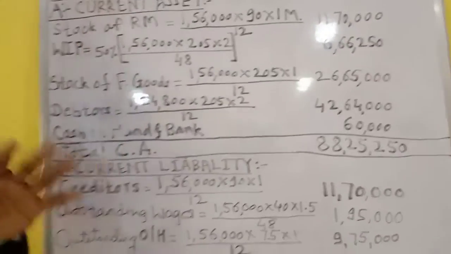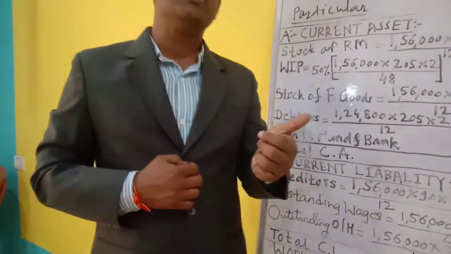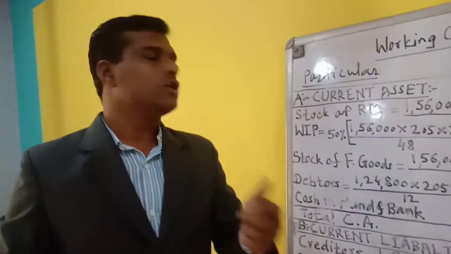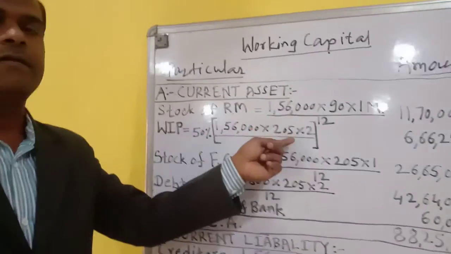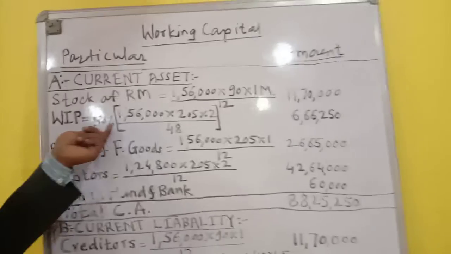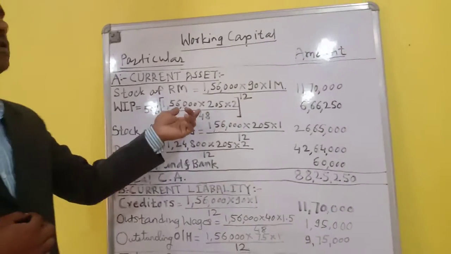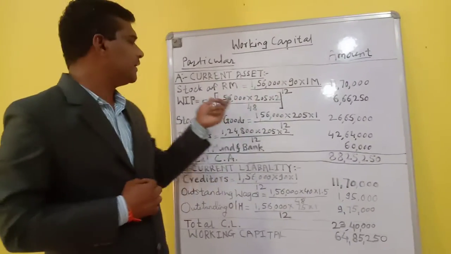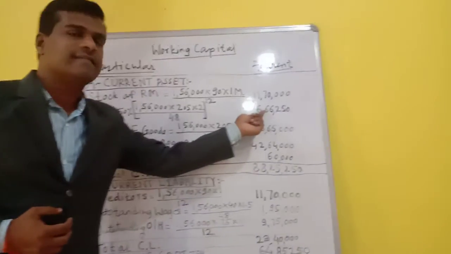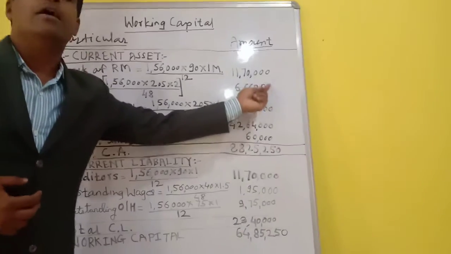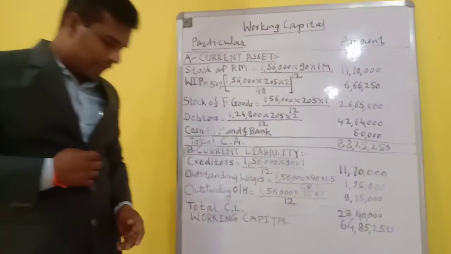But in the same problem they have also told that the process of completion is 50%. So we will be multiplying the entire figure with 50%. So the total calculation goes like this, and hence the final amount that has got locked in WIP comes to rupees 6,66,250.